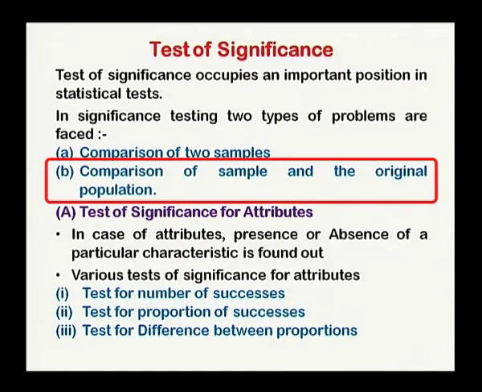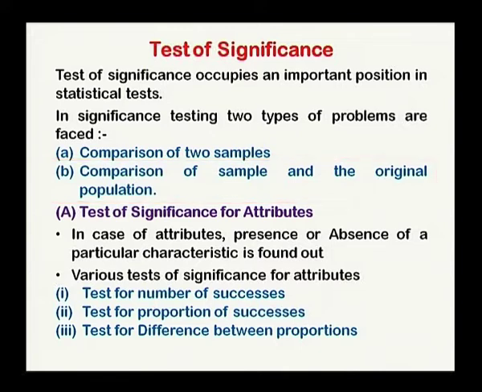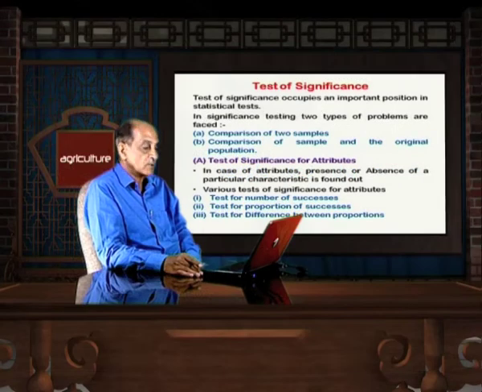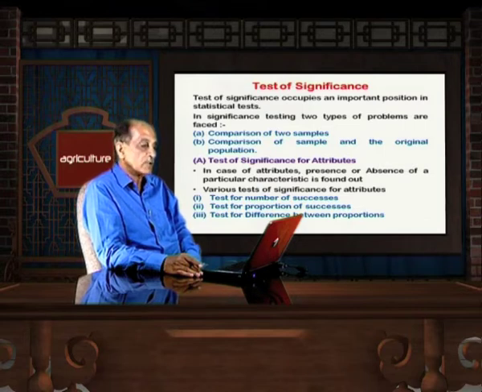The investigator may be interested in testing the significance of samples along with the original population from which the samples have been taken. First, we discuss test of significance for attributes. In case of attributes, presence or absence of a particular characteristic is found out. Whenever we go for test of significance of attributes, the information is not given in a quantitative manner.